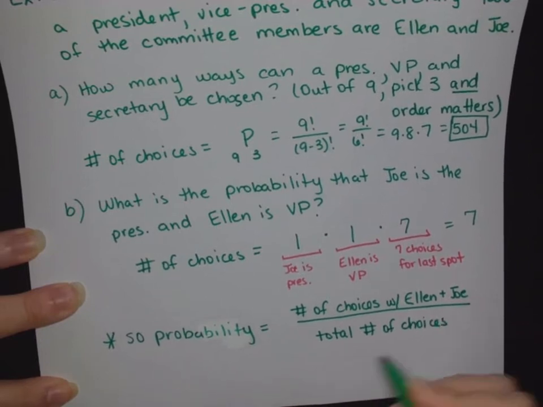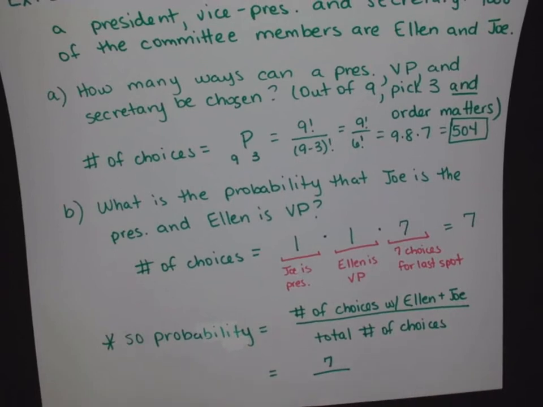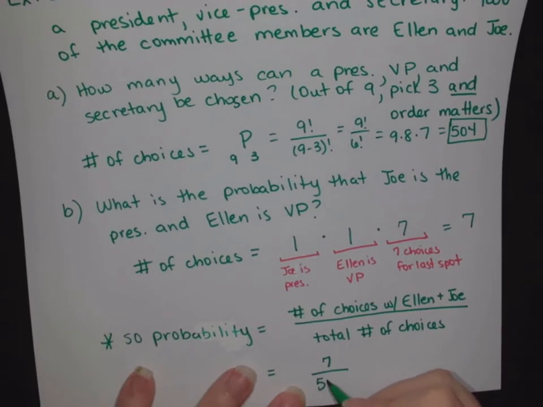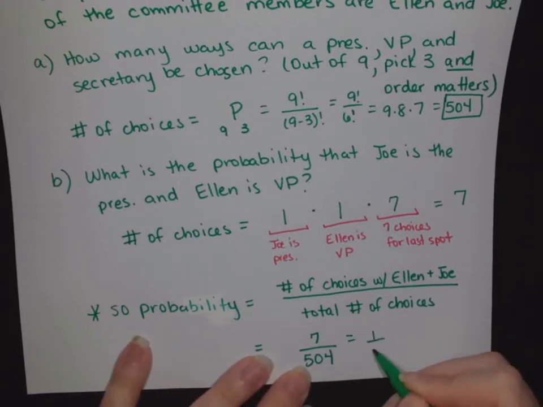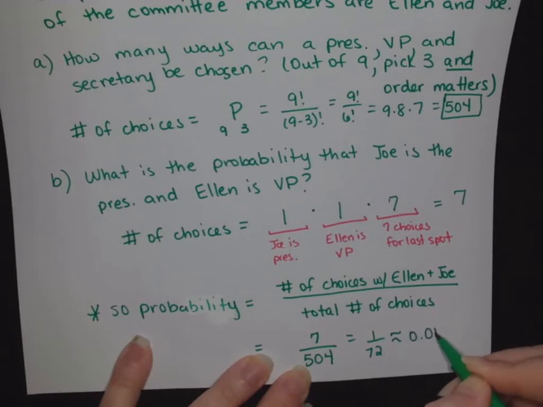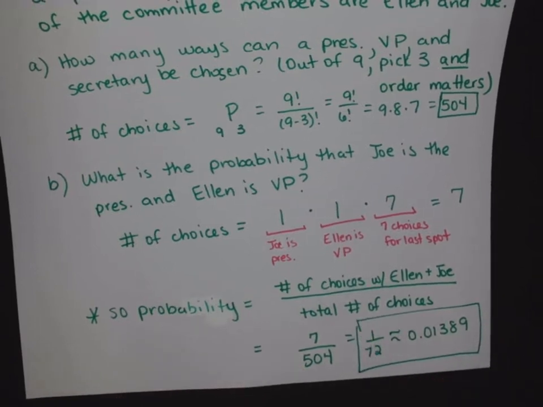Using what we got in A and B, we have both of these. There were 7 ways where Ellen and Joe were the VP and president, respectively, but 504 total ways that you could group those 9 people into 3 spots. That reduces to 1 out of 72. Just pay attention to what Math Connect says as far as decimal places go. I'm going to do this one to 5 decimal places, but on a test I'll always let you know how many decimal places I want, and Math Connect definitely lets you know.